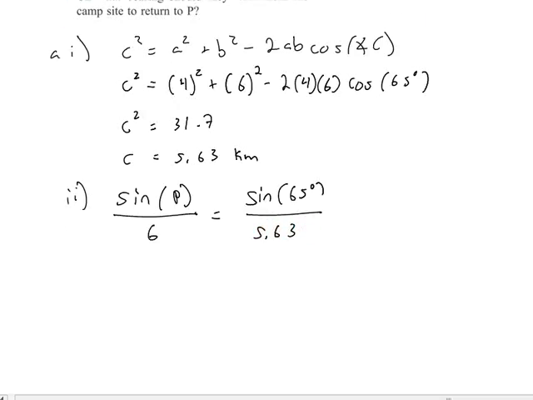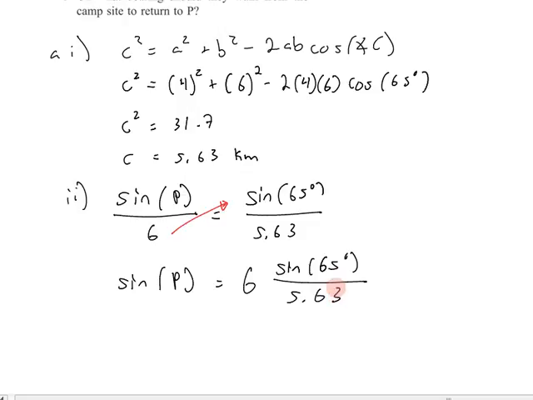We'll have to rearrange this to solve for the sine of angle P, and we'll get that the sine of angle P is equal to 6 times the sine of 65 degrees divided by 5.63.